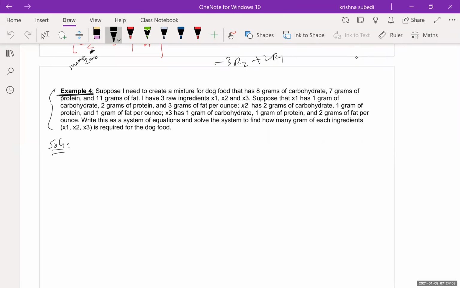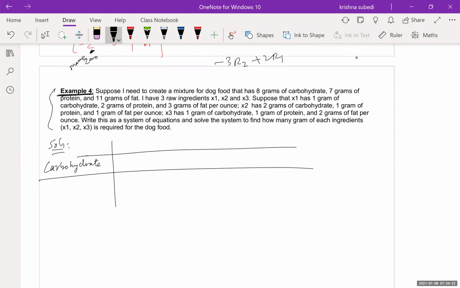There are a couple of things here. Suppose I need to create a mixture for dog food that has 8 grams of carbohydrate and 7 grams of protein. The first item is carbohydrate, the second item is protein, and the third item is fat.